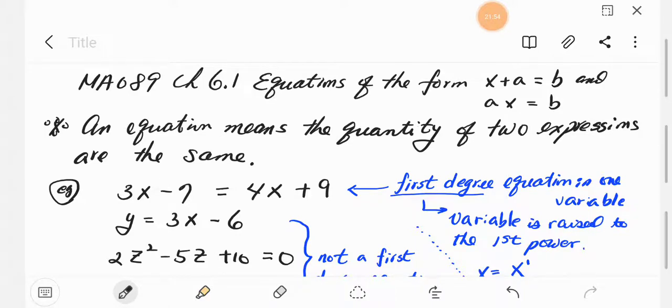If x is a product, then you can divide each side or multiply each side by the reciprocal. So ax equals b, then you can divide each side by the number a, or multiply each side by 1 over a, the reciprocal of a. Okay, please do as many questions in the exercise as you can.